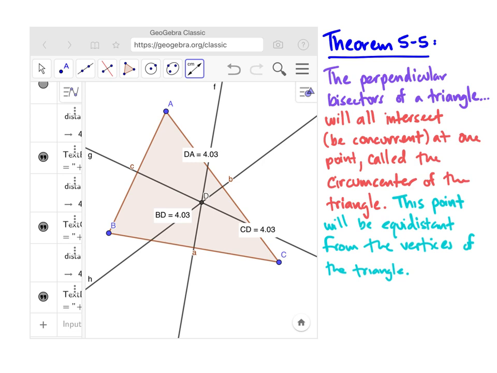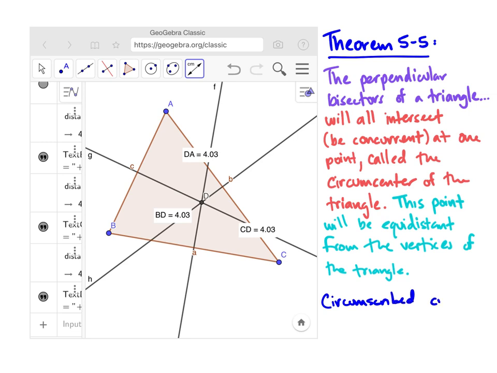Now there's one last thing I need to tell you that's special about that circumcenter. That circumcenter is also going to be considered the center of what we call a circumscribed circle for this triangle. Let me write that term down here real quick. It's called a circumscribed circle.